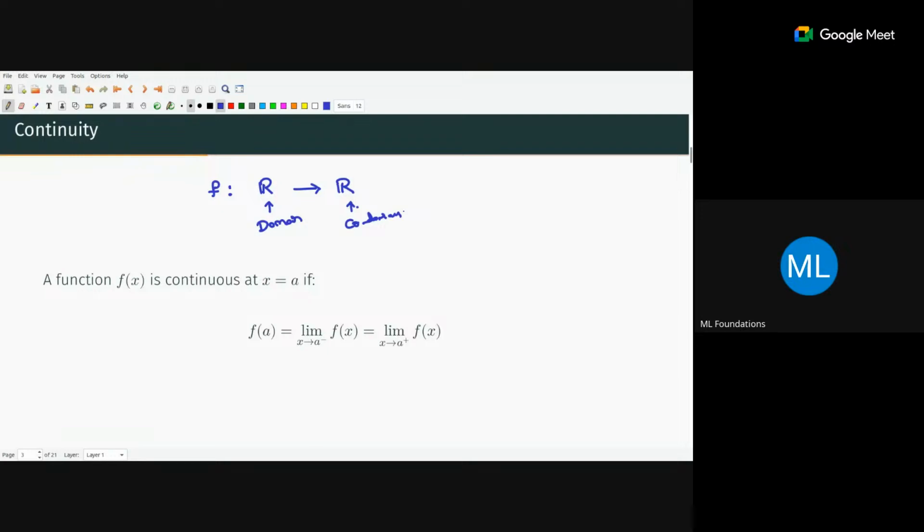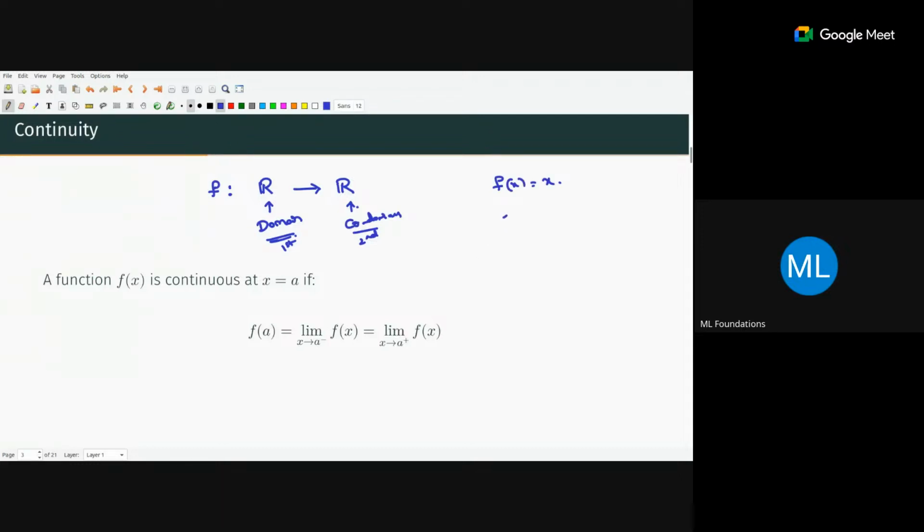A function is just a mapping from one set to another, and every element inside the first set will map to only one element in the second set. The domain is the first set and the codomain is the second set. There are many examples of functions. A few simple examples: f of x equals x, which is a straight line.